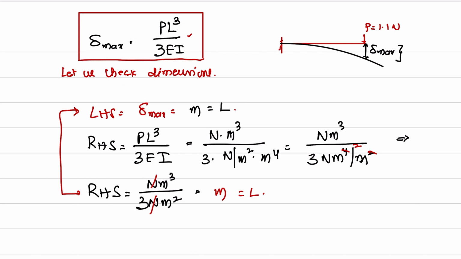Now we will try to solve it. What we have to find out is the maximum deflection. Delta max is equal to PL cube by 3EI.